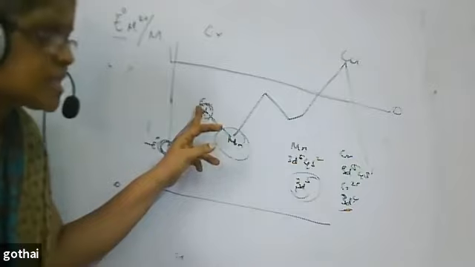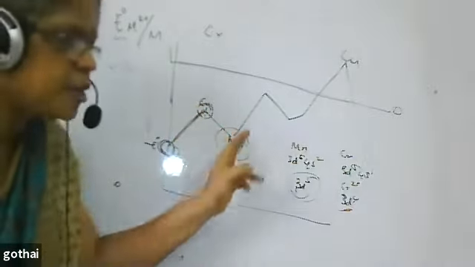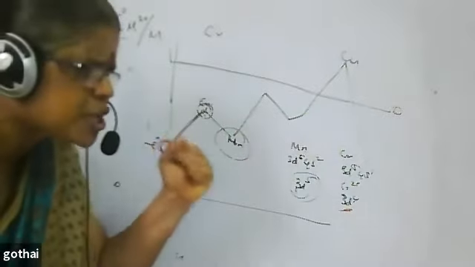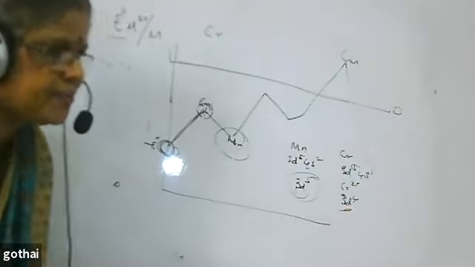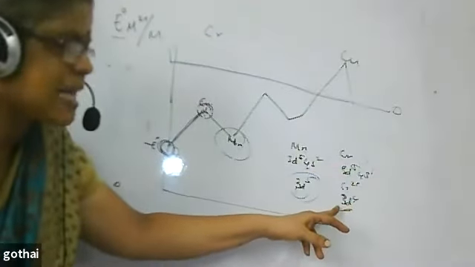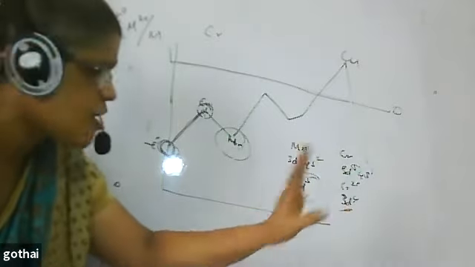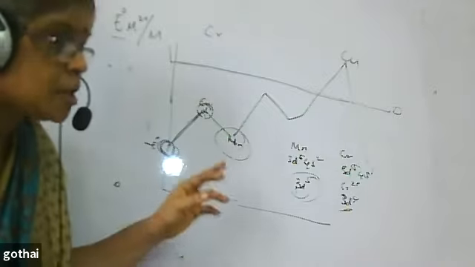Chromium acts as a very good oxidizing agent when I compare these two. Reducing agent means ready to lose electrons. Why are they ready to lose electrons? Because they want to attain the stable configuration. When I compare, they are moving from unstable to stable.